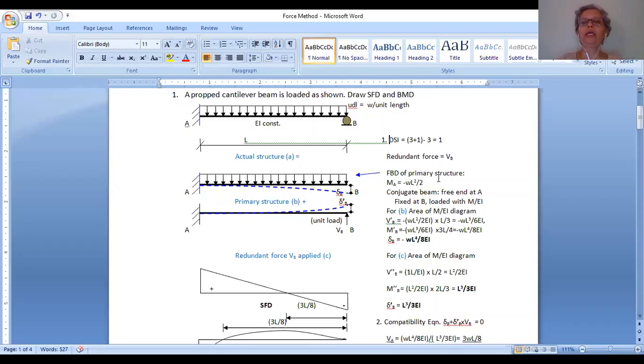In the conjugate beam method, end A becomes free and end B becomes a fixed support. Do you agree with it? Yes, ma'am. Okay, I haven't shown the diagram over there. Do you want me to explain on the whiteboard?